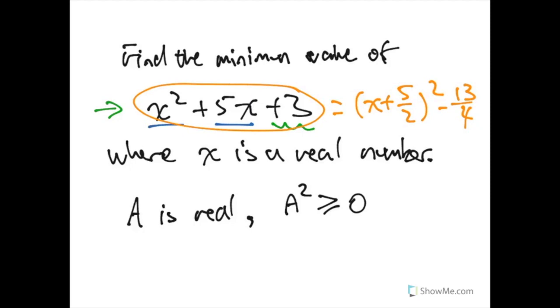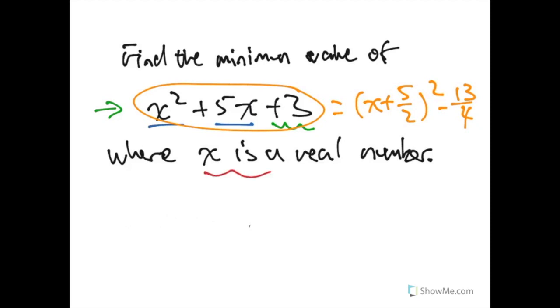That is always true, and we can apply this fact up here because we have a square here. We can replace a with x plus 5 over 2, because we have this given condition that x is a real number.